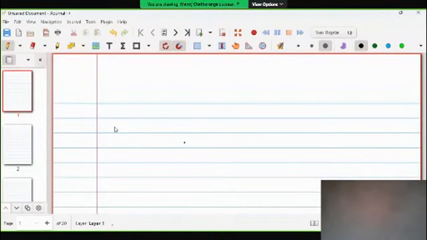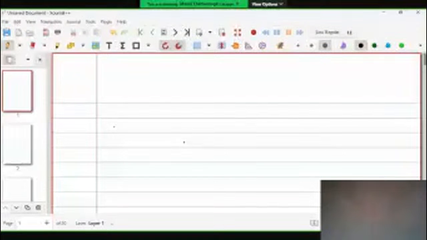So remember, the graph of y equals 1 over x. x equals 0 is not a point in the domain of this reciprocal function.